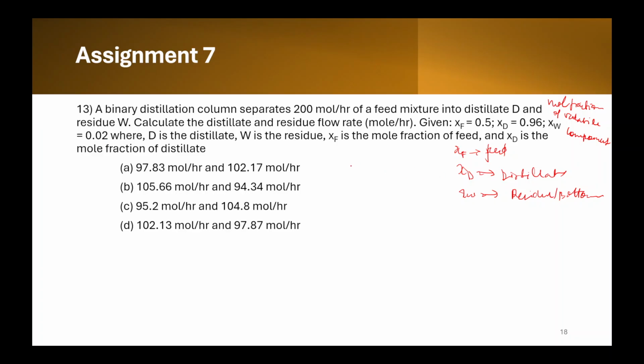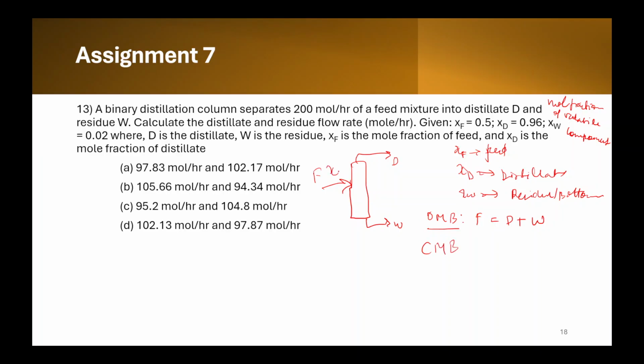So here we draw a schematic. This will be D, this will be W, this will be F. We will basically have to do the material balance. Firstly, we'll do the overall material balance. F is equal to D plus W.